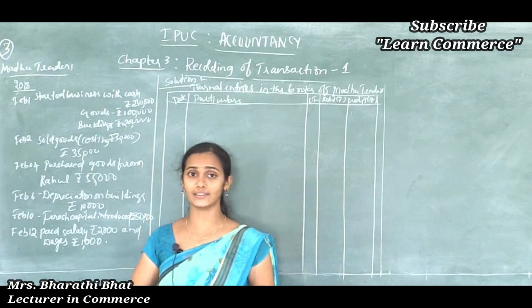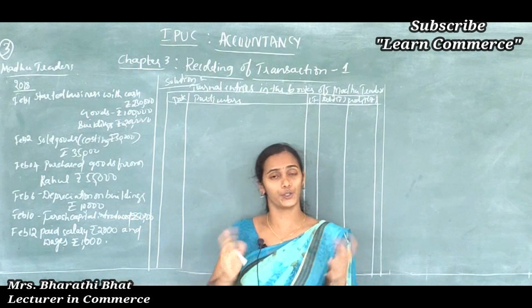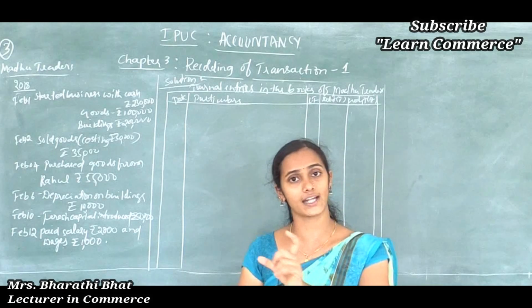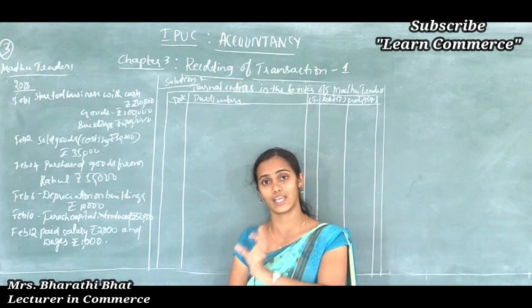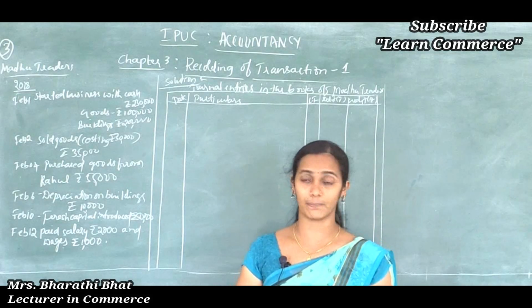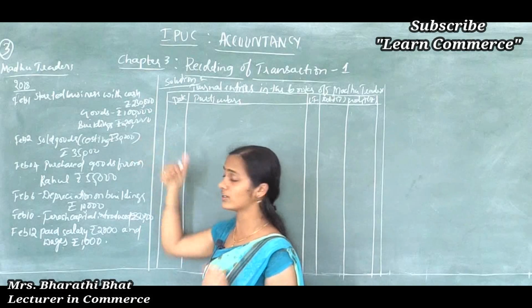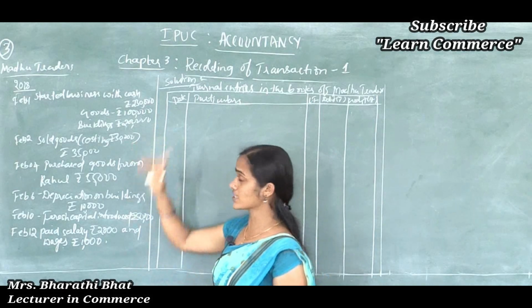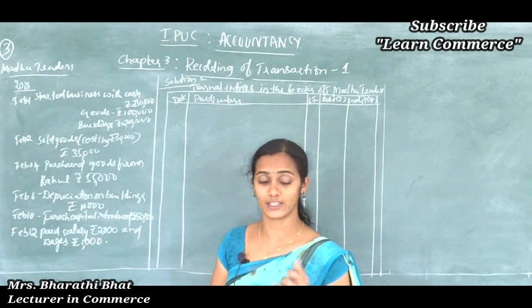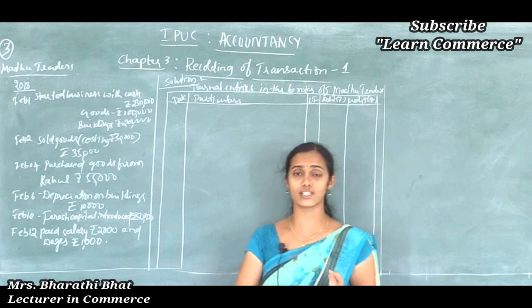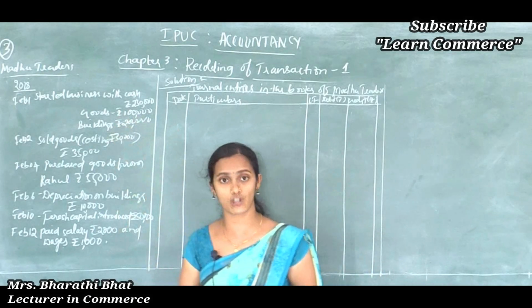So here we can find some compound journal entries also. In the first one, started business with cash. In many previous sums, business was started with just cash, so there was a single entry, a simple journal entry. But here we need to pass a compound journal entry, because the business is started with cash, goods and building. Goods is considered as stock.